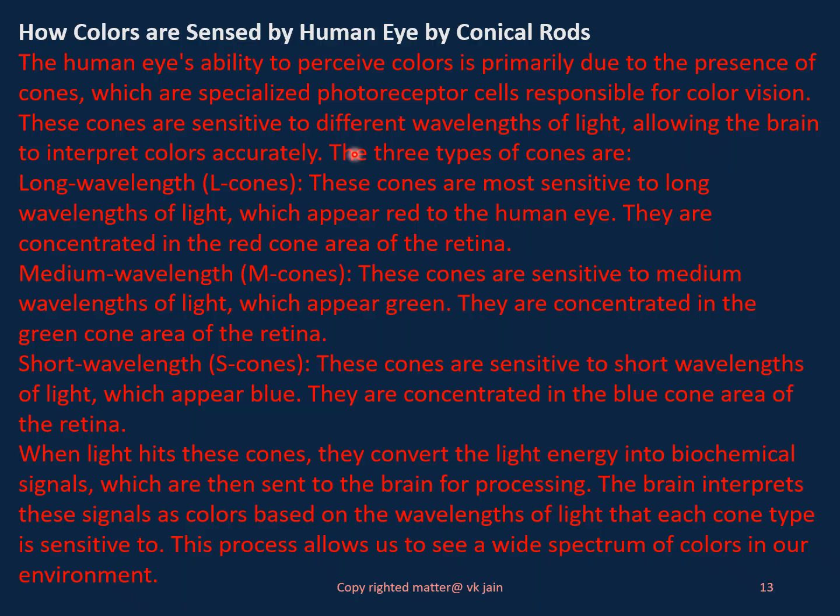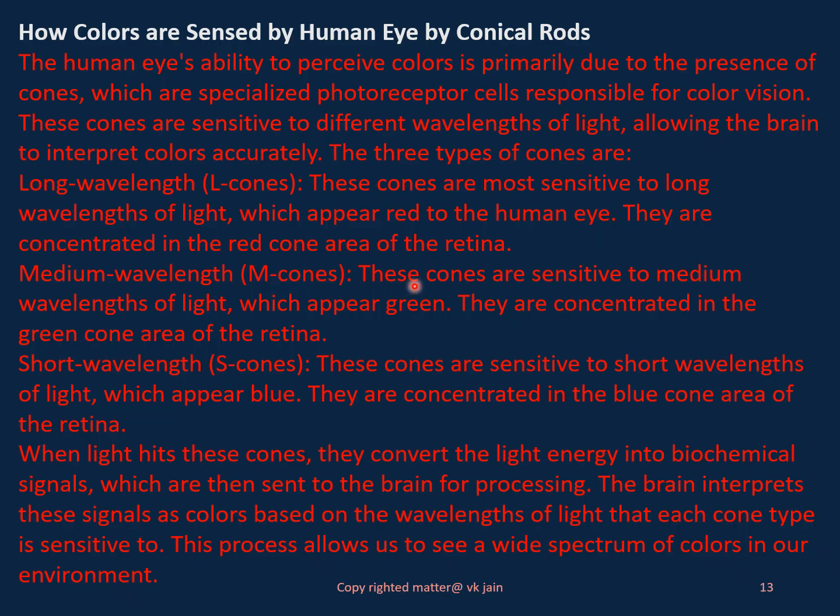The three types of cones are there. First, long wavelength L cones. These cones are most sensitive to long wavelengths of light, which appear red to the human eye. These are concentrated in the red cone area of the retina. Second, medium wavelength M cones.